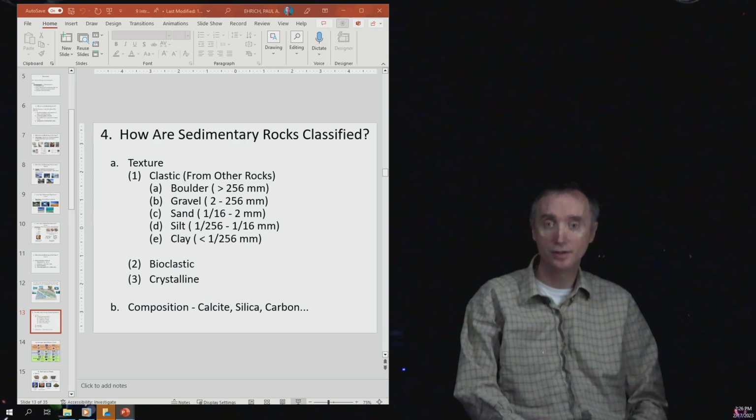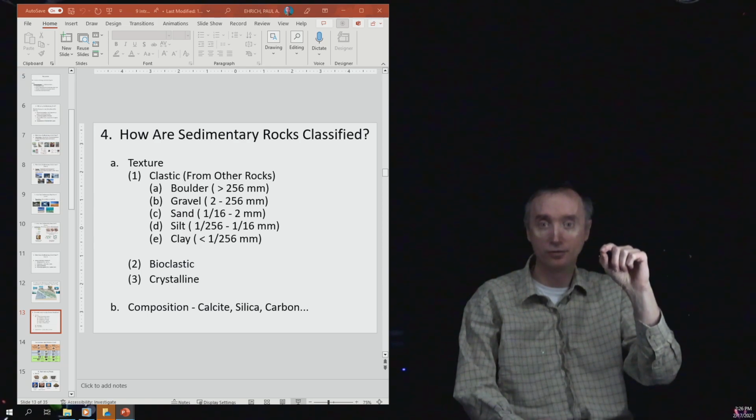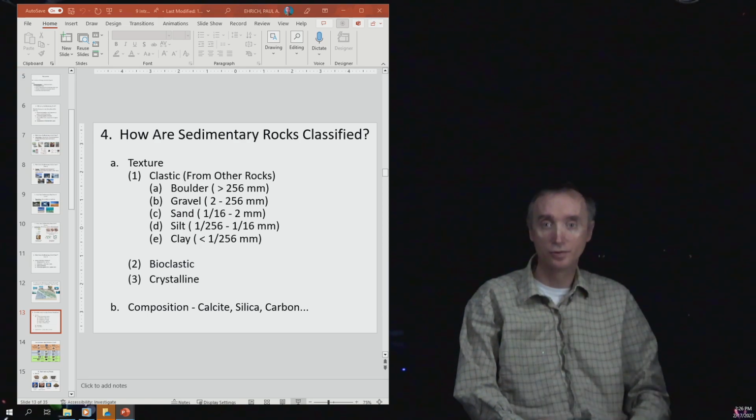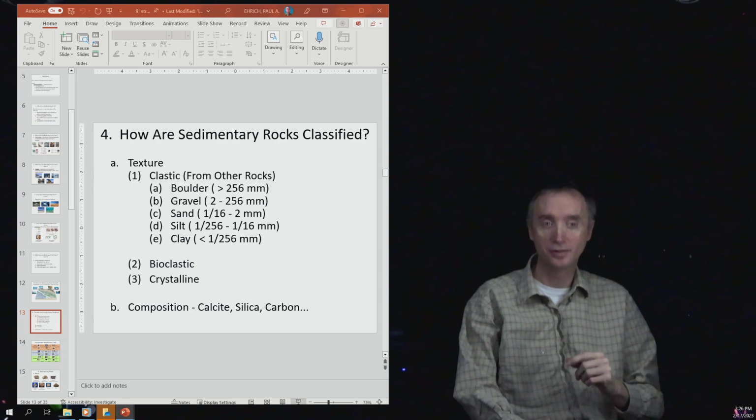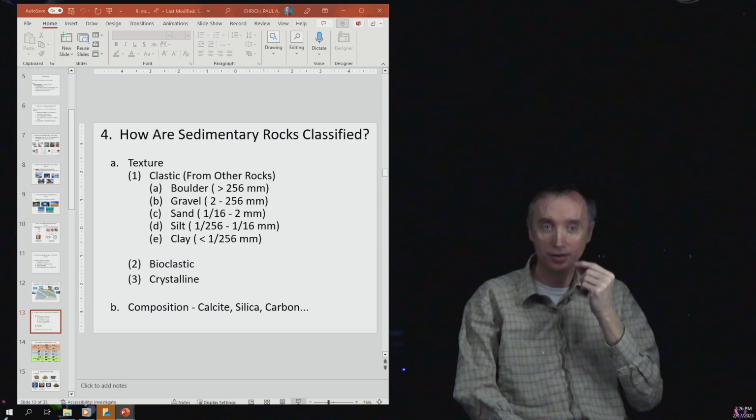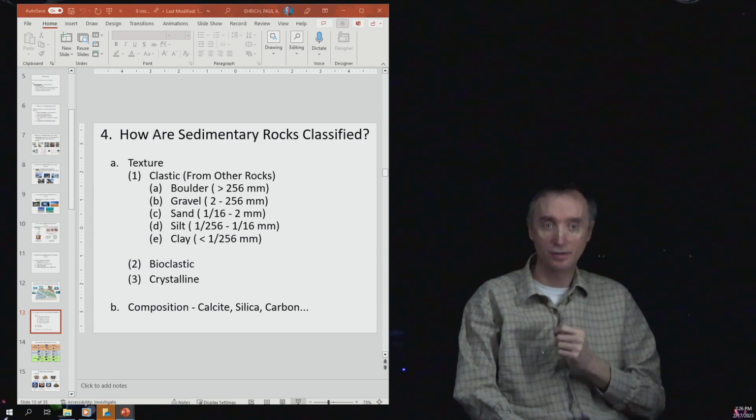And the problem is you can't feel it. With silt, if you run it between your fingers, you won't be able to feel silt-sized grains. However, you can taste them. If you were to take a piece of siltstone and break off some of those grains, you could feel the grittiness up against your teeth.